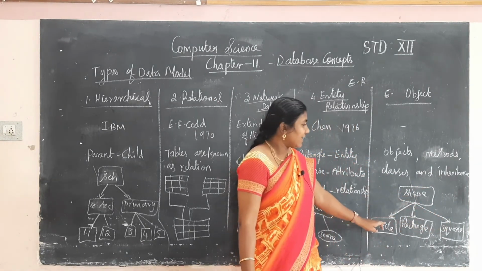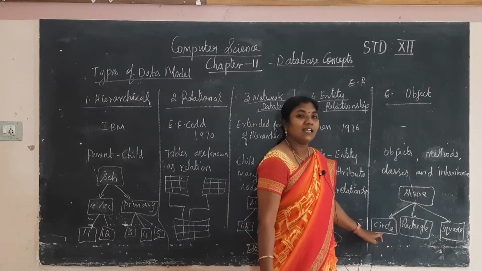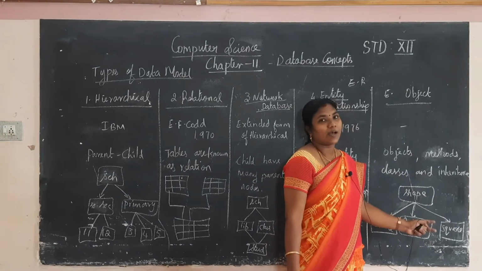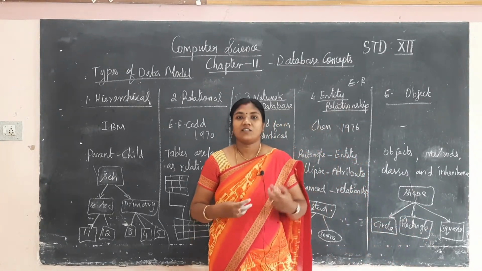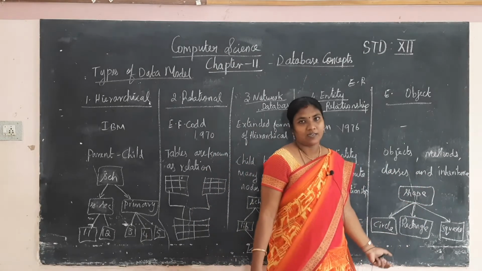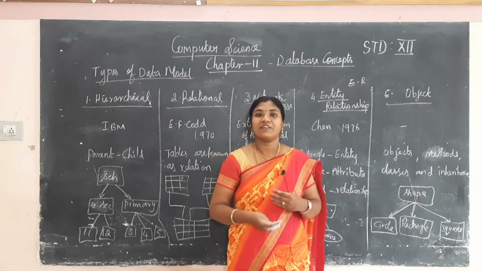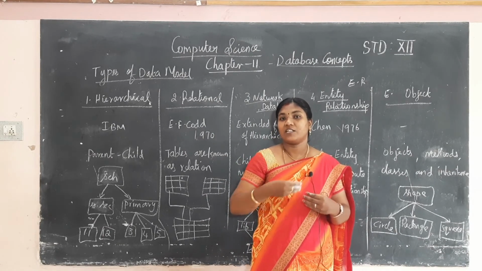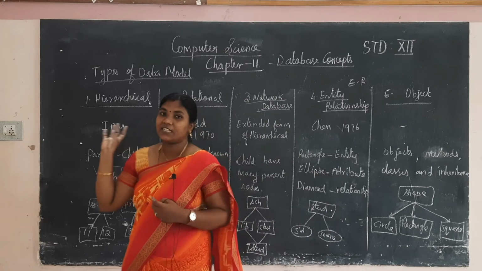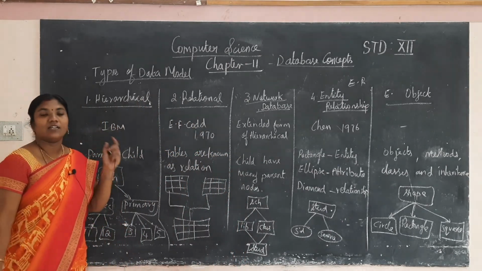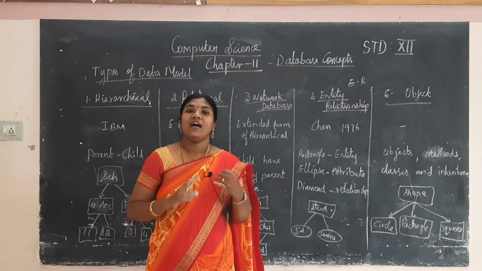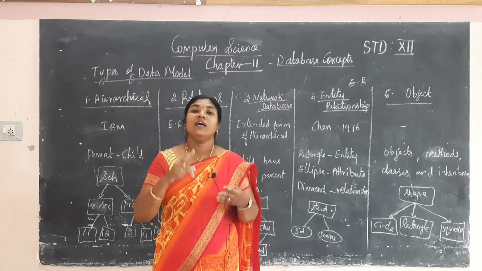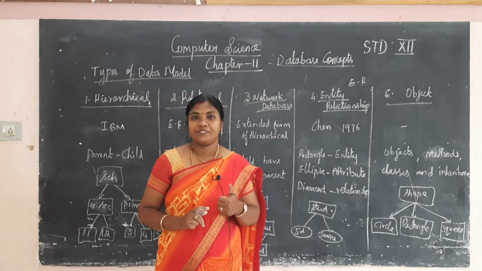Circle can have radius, rectangle can have length and breadth, and square can have side. Members of the class can be accessed using the object. So there are 5 types of data model: hierarchical model, relational model, network database model, entity relationship model and object model.